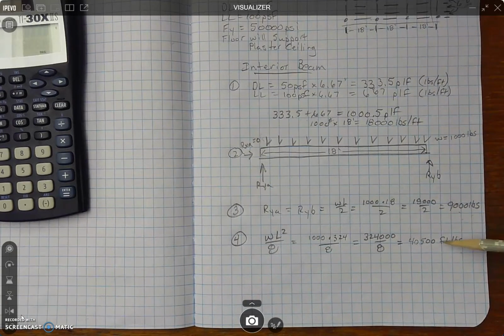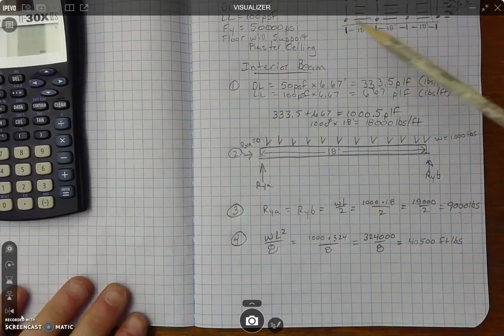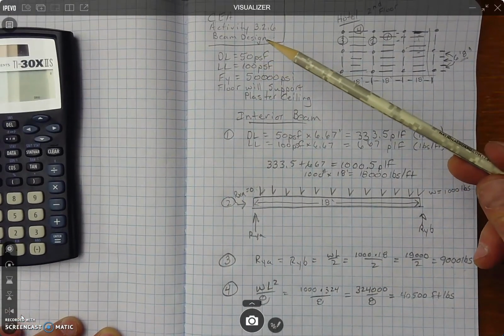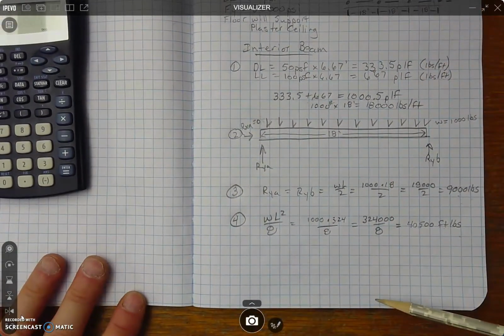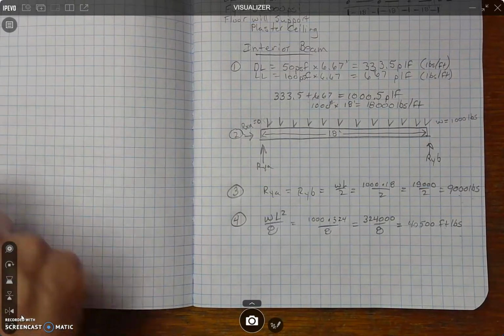And it's going to have to resist 40,500 foot-pounds of bending force when it's fully loaded. Okay, so we need a beam that can handle at least these numbers. They can handle more than this, but they can't handle less, because if they handle less, they might fail. So that's what we're doing. We are choosing a beam that will meet these requirements.